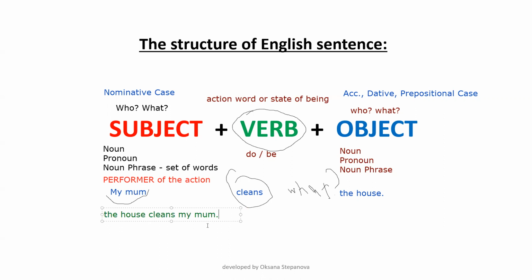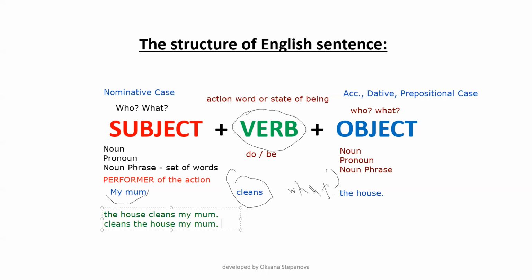So my mom actually is the main subject. And if we put it in a different situation, like cleans the house, my mom, this is an incorrect word order for the English language.